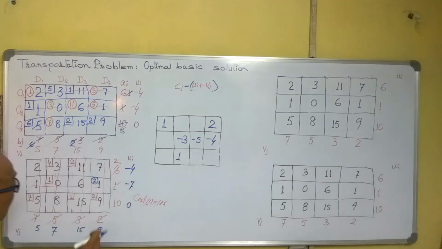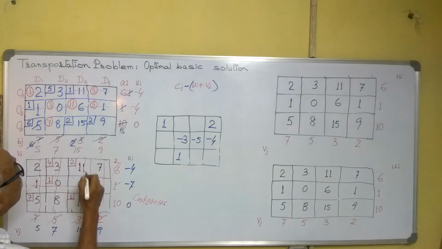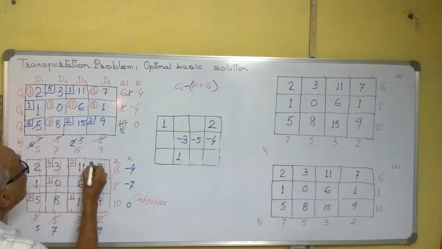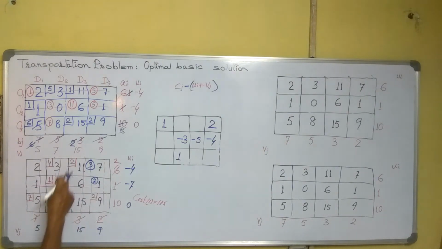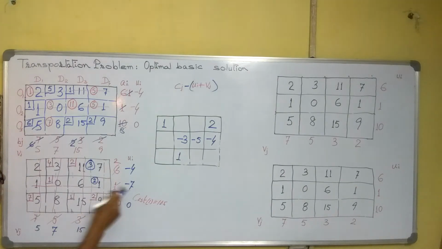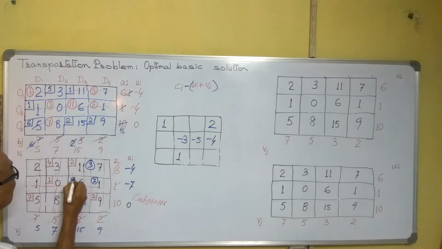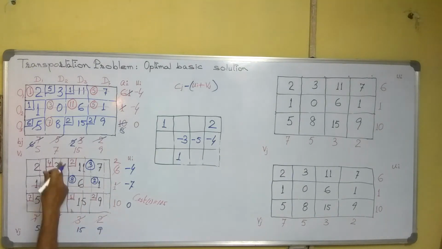Then here 9 minus 4, this will be 3. Now this one is allotted. This is 15 minus 7, this is 8. This is also done here. 7 plus 0 is 7.